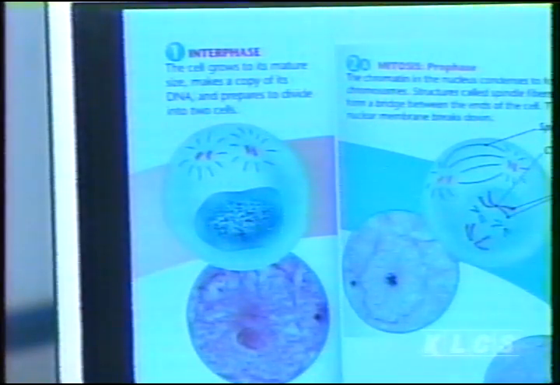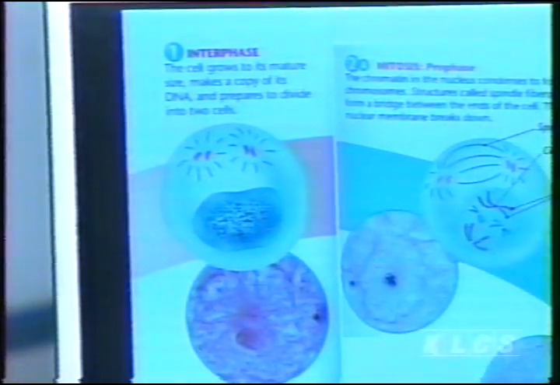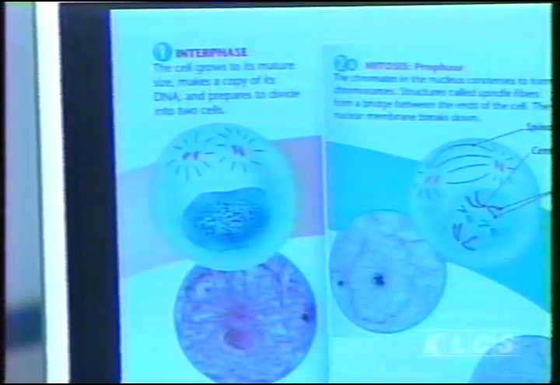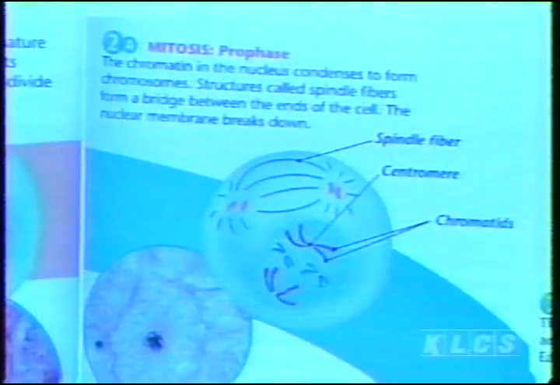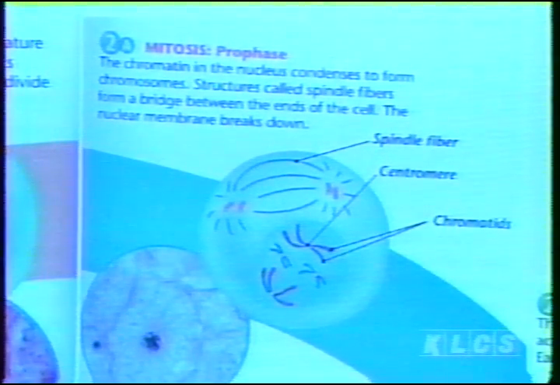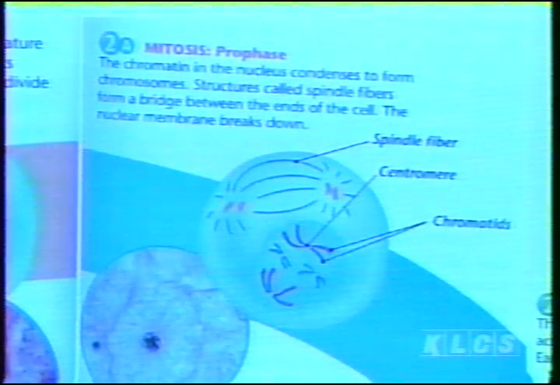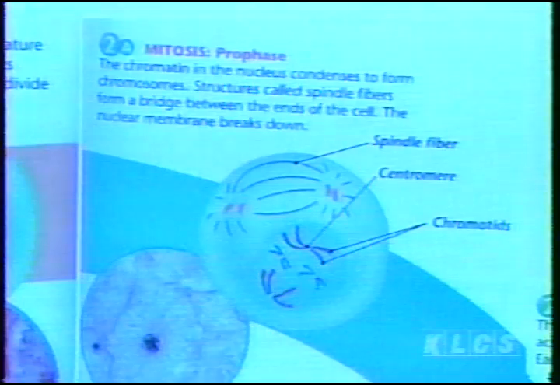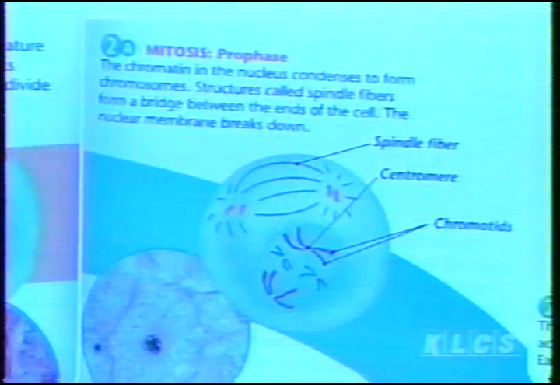The second stage, which is right next to interphase, if we could just move over a little bit, is called prophase. The chromatin condense to form chromosomes. Structures called spindle fibers form a bridge between the ends of the cell, and the nuclear membrane breaks down. If we look at this cell, we'll notice that the chromosomes have duplicated.